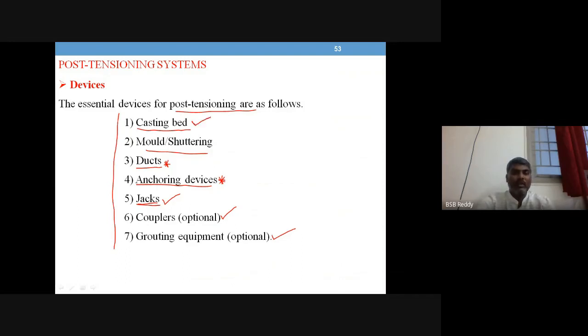The casting bed is common, the mold is common, ducts are the difference: in pre-tensioning there is no requirement, in post-tensioning it is required. Anchoring devices in post-tensioning are required and will stay along with the member. Jacks are required in both cases, but in pre-tensioning the capacity is less, and in post-tensioning heavy capacity jacks are required. Couplers and grouting equipment are optional.